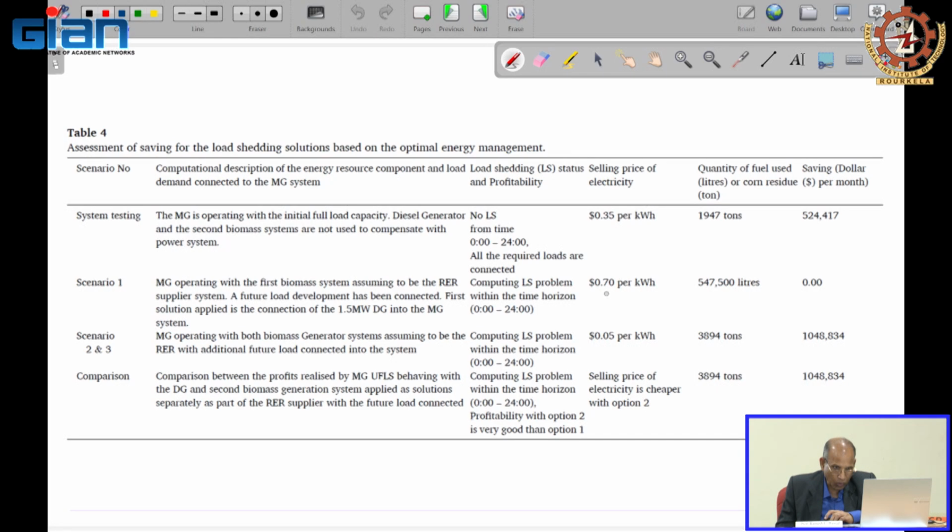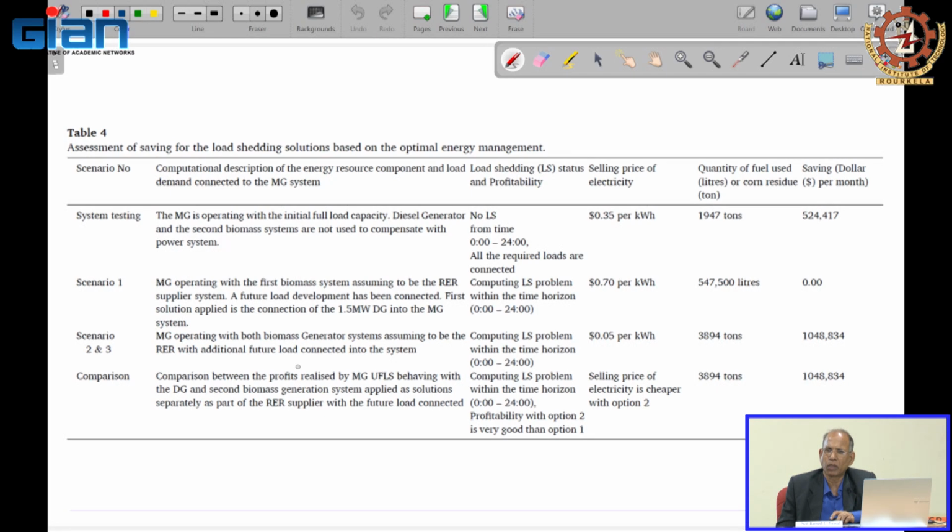Okay, so you are seeing that you are significantly using the diesel generator, and the cost of electricity increases significantly.